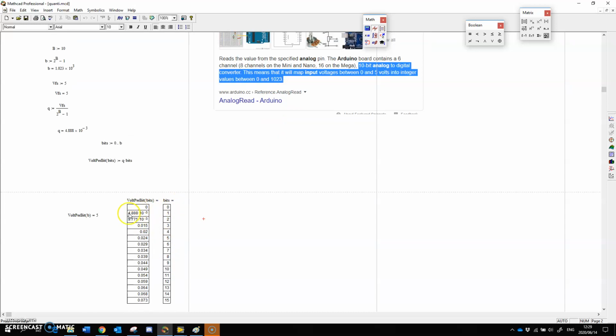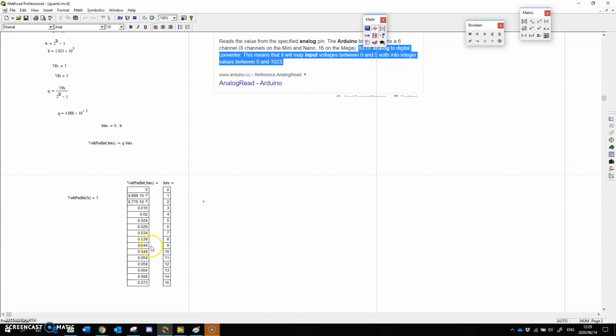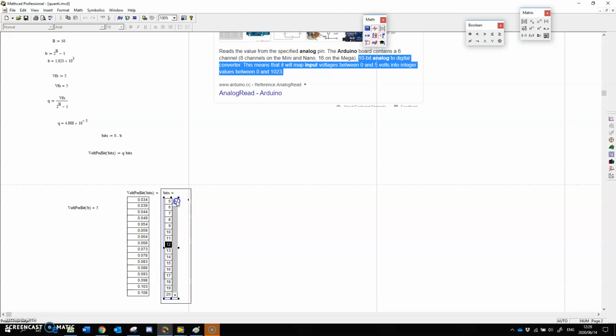If we read 4.881 millivolts, it's going to give us a binary 1, and then binary 2, and so on. So if we scroll down here, up until roughly 1 volt, for instance, that will give us a certain binary value, and you can calculate that with that equation.